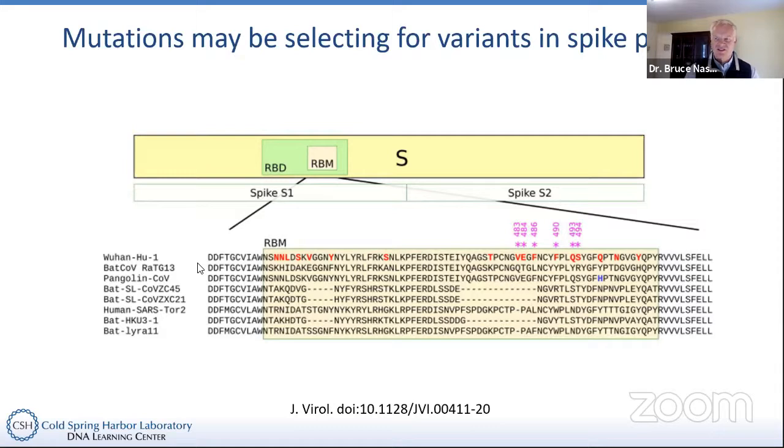Remember, I called it ACE2 earlier. Okay, and in this region, there are mutations right in this receptor binding motif, the part that actually binds to ACE2. Okay, there are several mutations in there, and that seems pretty fishy.